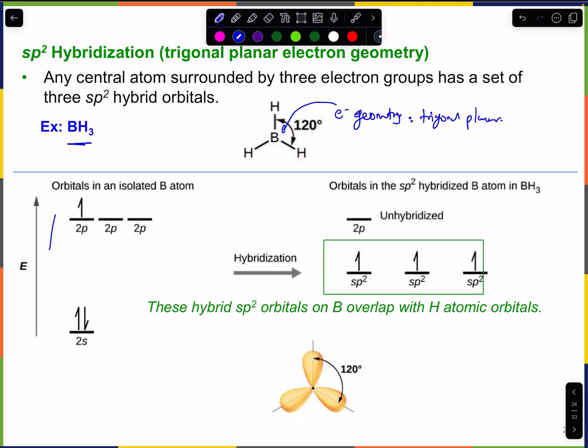When you do the hybridization, you will be mixing the 2s and 2 of the 2p orbitals, right? You do the hybridization, these 3 electrons will be located here to make bonds. And the unhybridized orbital, in this case for boron, will be empty, right? We only need 3 electrons to make bonds. So the 3 sp2 orbitals will be used for that.